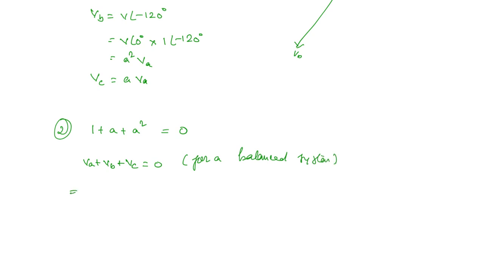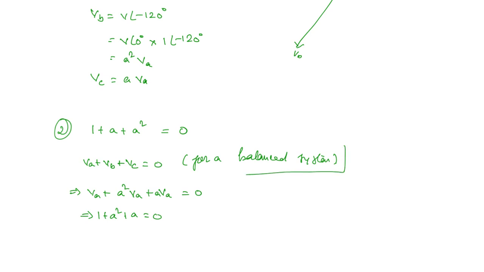Now if you represent VA plus VB, which is A squared VA, and VC, which is A times VA, this is equal to 0. So VA will be cancelled, and you will get 1 plus A squared plus A equals 0.